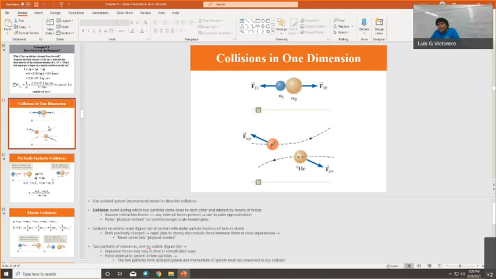So the reason why we study elastic collisions is because there are environments where it may actually be almost true. For example, when we study particle physics, for example, in the Compton effect that you guys will probably study if you get into higher order physics, right?